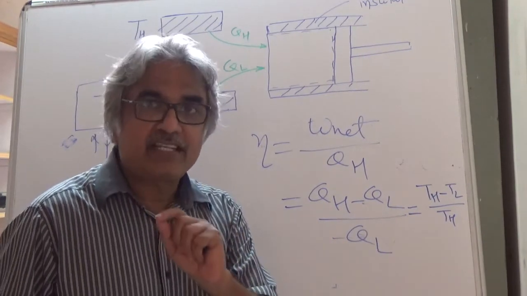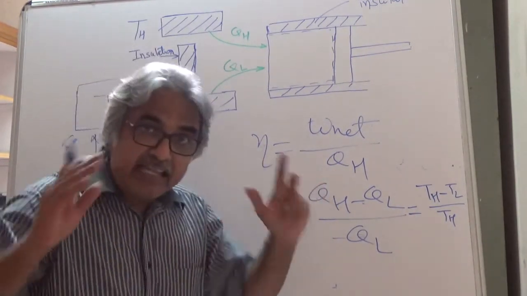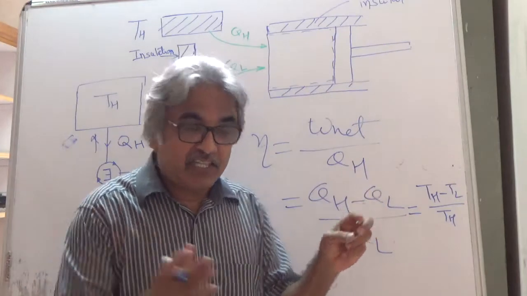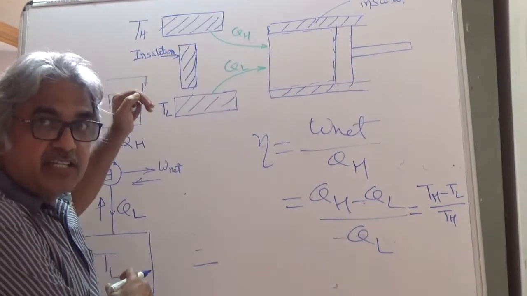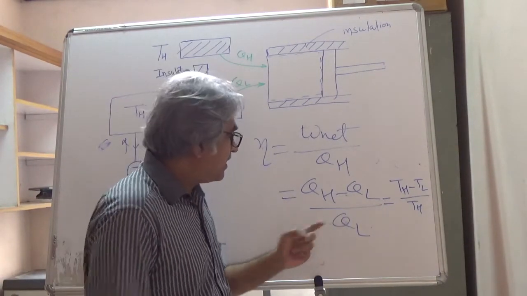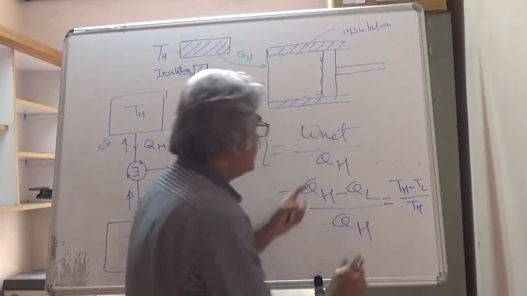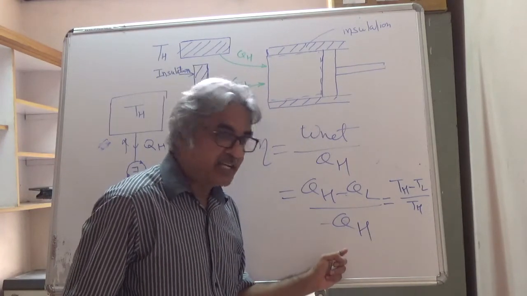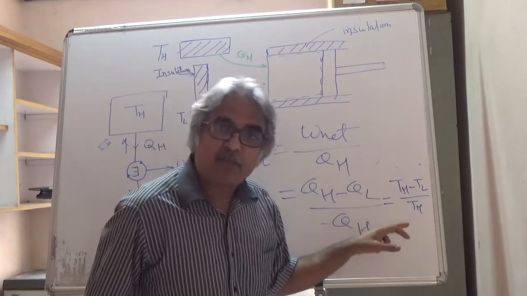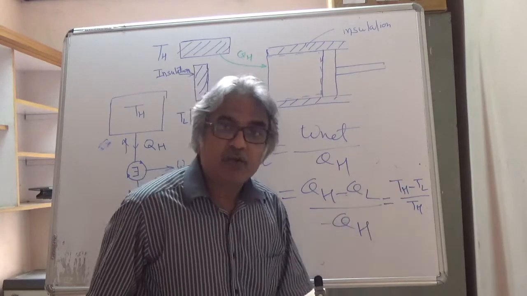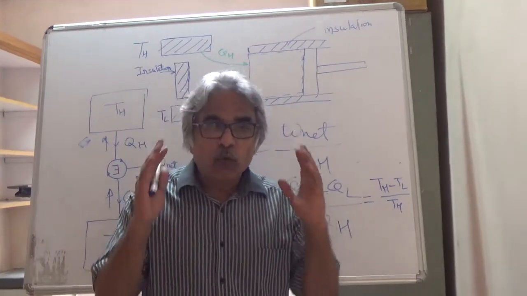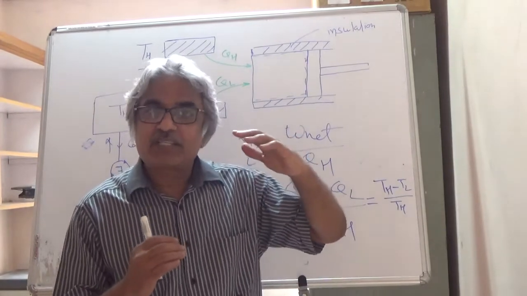If it's any engine, which may not be reversible, may not be a Carnot engine, but which is operating between the same temperature limits TH and TL, then you can find efficiency with QH minus QL upon QH, the heat supplied. But if it is a Carnot engine, this is also equal to TH minus TL upon TH. So efficiency of a Carnot engine depends only on the temperatures of source and sink.